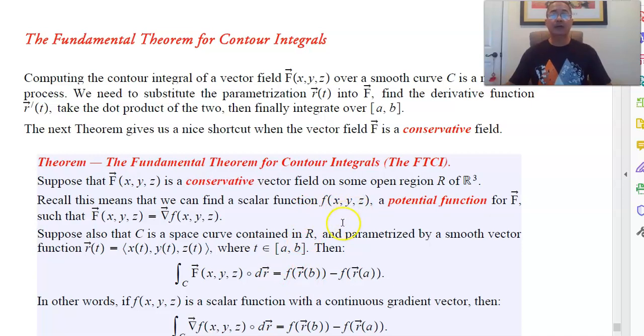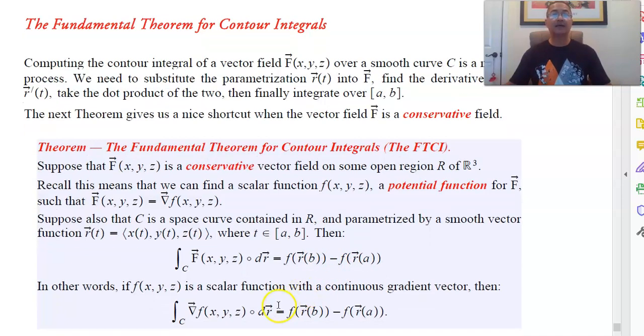So you have to get the point in space corresponding to B, and the point in space corresponding to A. In everyday language, you have to find the endpoint and the beginning point, plug them into your potential function, then take the difference.